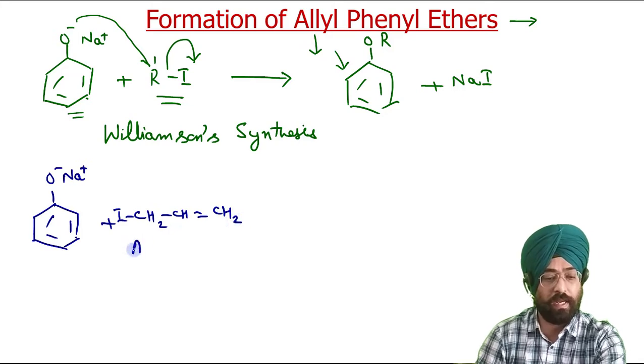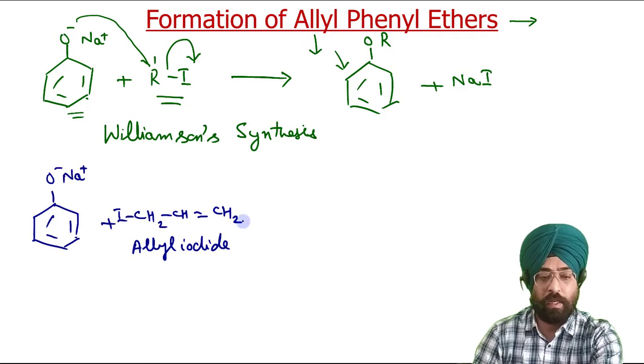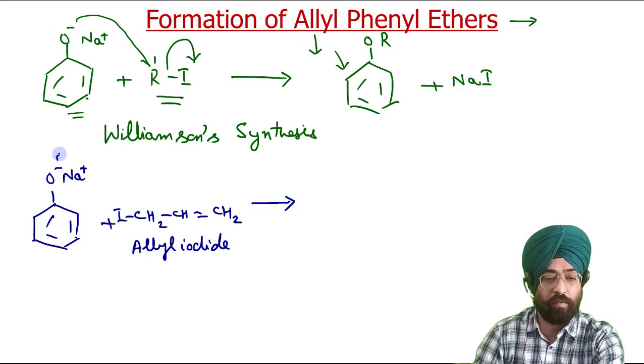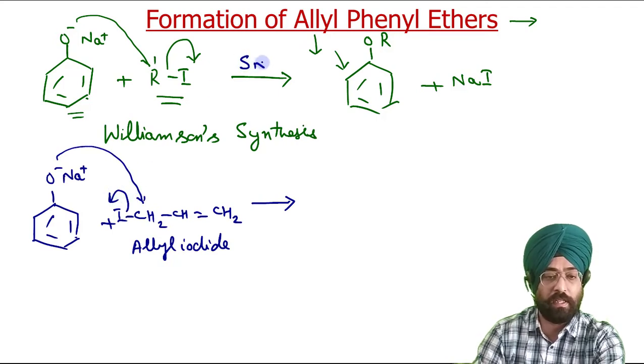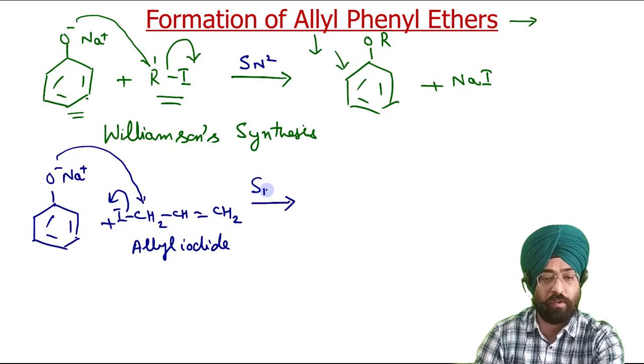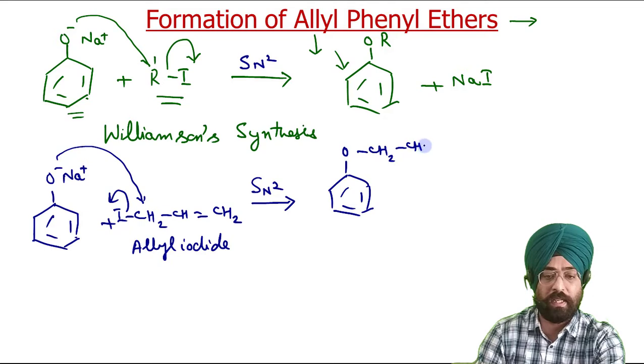This is your allyl iodide. Now upon reaction NaI will be removed. This is a nucleophilic substitution reaction. Basically, it is an SN2 reaction, nucleophilic substitution. Now, what we get is our desired allyl ether OCH2 CH double bond CH2, and this is Williamson's synthesis.